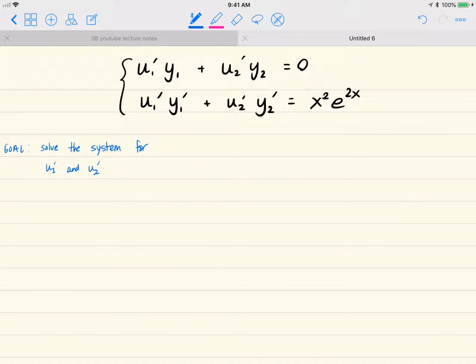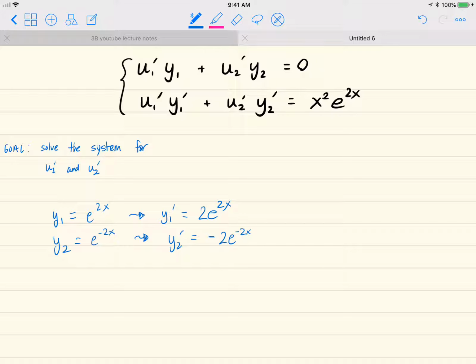So our system is going to be as follows. We know that y1 is equal to e to the 2x, so y1 prime is 2 e to the 2x. And if y2 is e to the negative 2x, that means y2 prime is negative 2 e to the negative 2x.